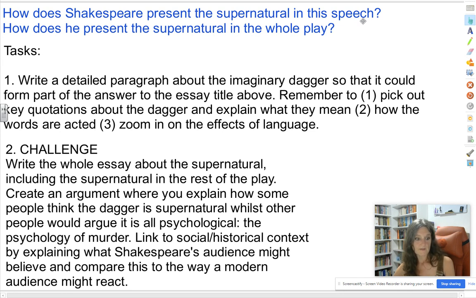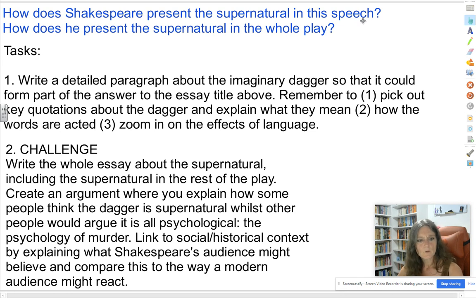You could write about the psychology of murder in here. You could, as I said for the previous one, link it to the social and historical context and explain what Shakespeare's audience might believe, and compare the beliefs of Shakespeare's audience to the way that a modern audience might react with our really, really different kind of beliefs about witchcraft.